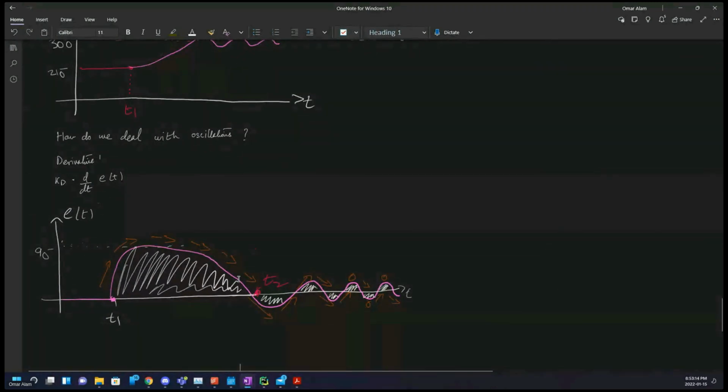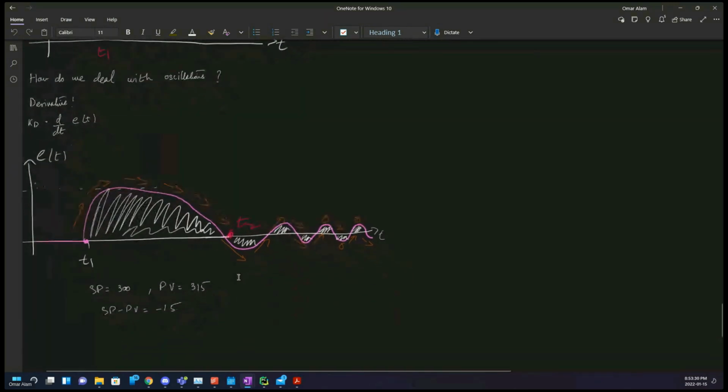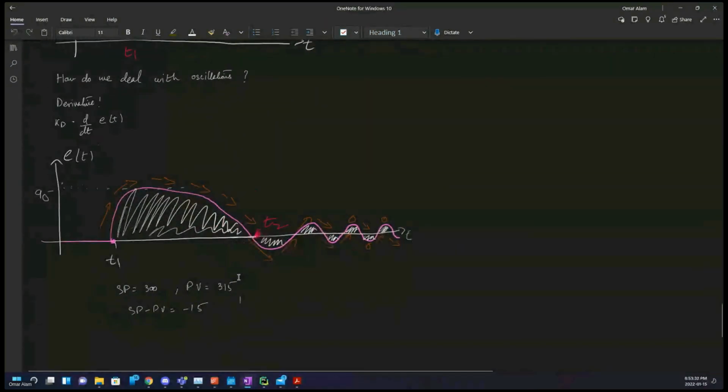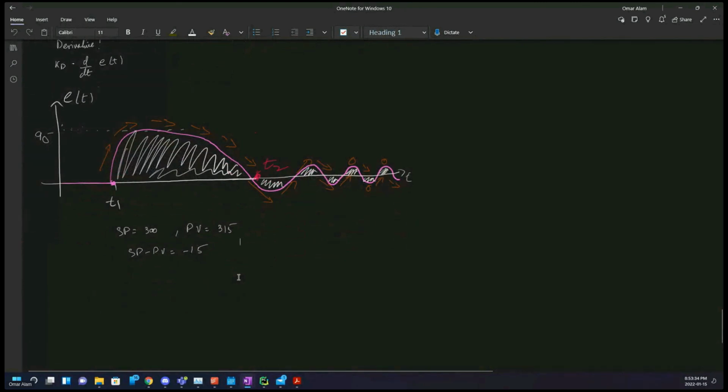And the reason for this is if your set point is 300 and your process value is, let's just say, 315, SP minus PV is going to be negative 15. All right, does this make sense so far? Do you have any questions about this?